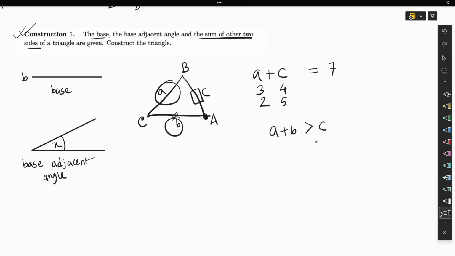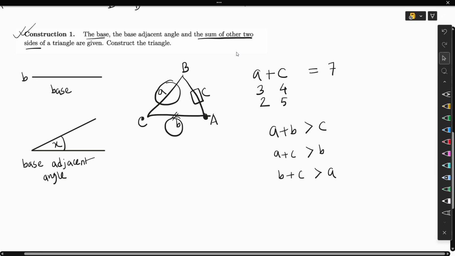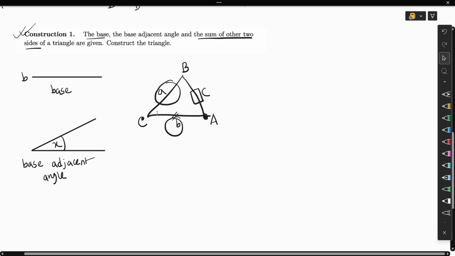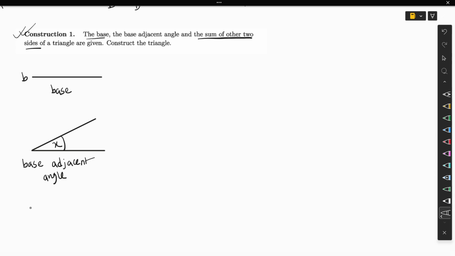It can be A plus B greater than C, or A plus C greater than B, or B plus C greater than A, right? So we have already taken B, and we remain with two sides, the length of A plus C.